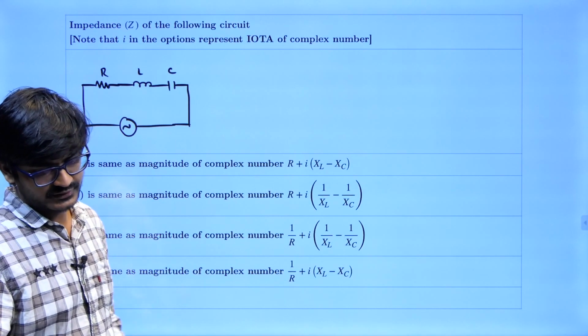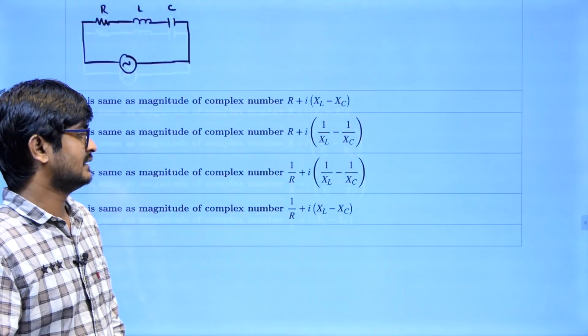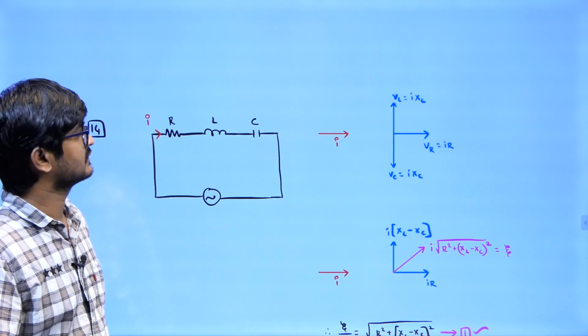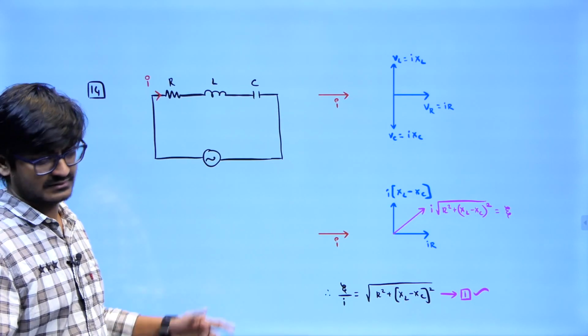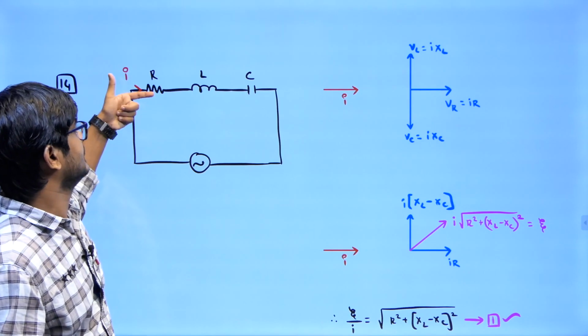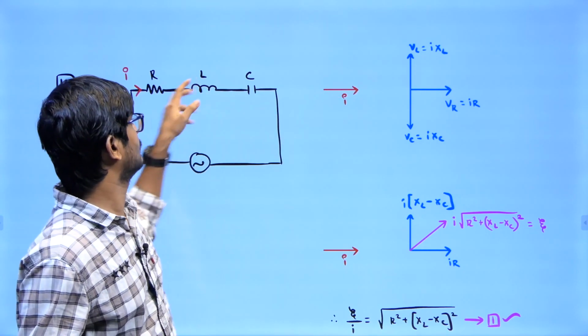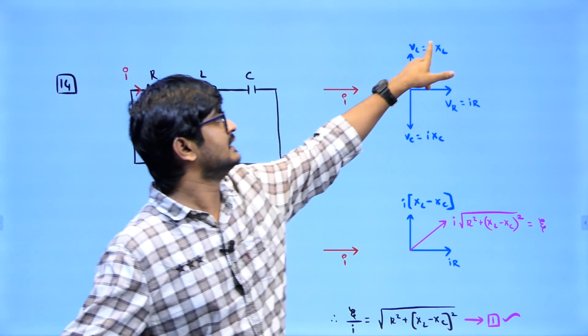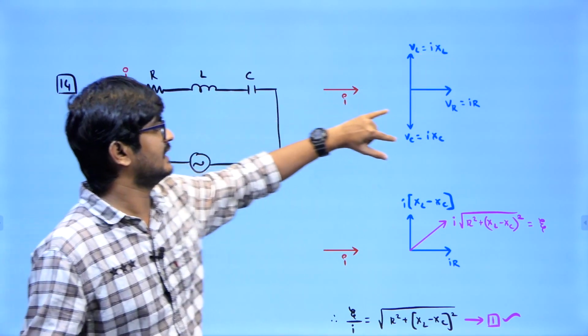Now the next question was: you need to find the impedance, and I represents a complex number. I think this is a common question. If the current is I and you take current as reference, then the voltage across the resistance will be in phase, across the inductor will be leading by 90 degrees, and across the capacitance will be lagging by 90 degrees.